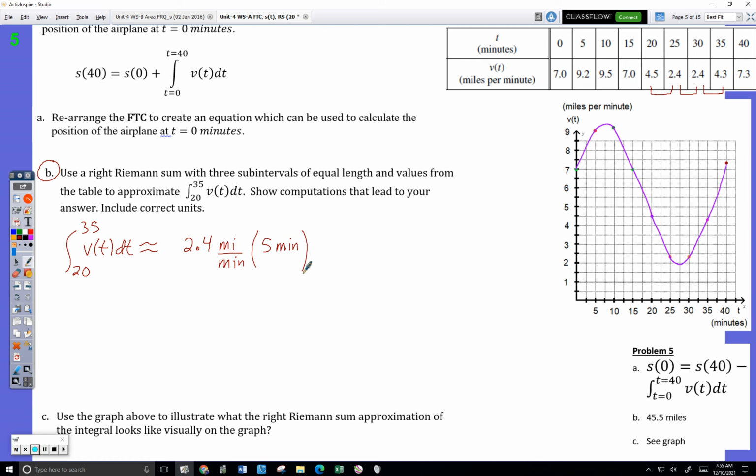Mark was distracting me. I have my calculator in front. Sorry. I always bring my calculator. Okay.